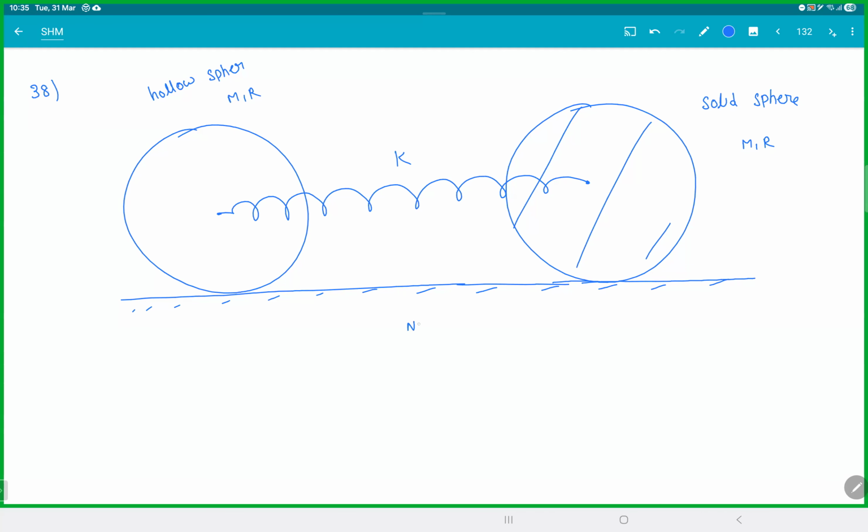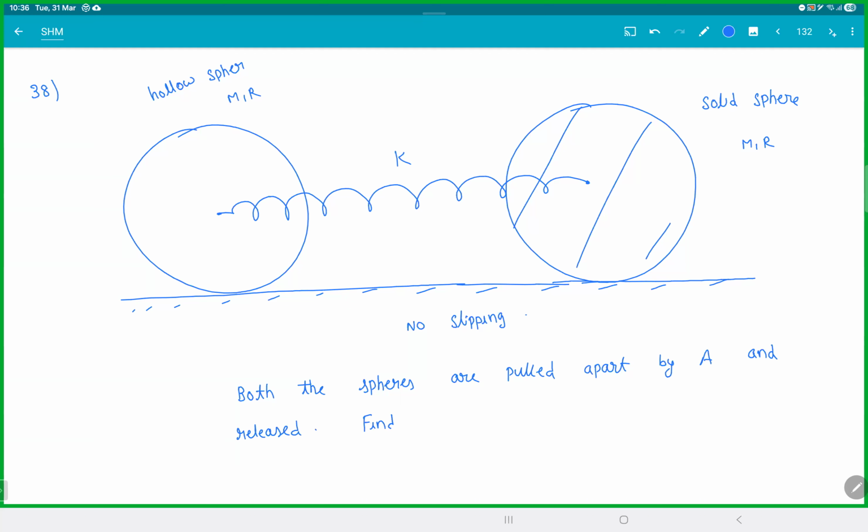There's no slipping anywhere. Then what you did, you pulled both the spheres by a and you released them. Now see, I'm not moving each one by a. They're pulled apart by a. That is, the spring's elongation is a. Find the time period and the amplitude.